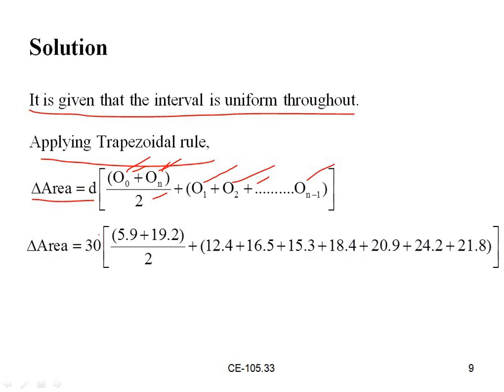So here the common interval d is 30. The first one is 5.9 and the last one is 19.2, by 2, plus the remaining ordinates: 12.4 is O1, 16.5 O2, 15.3 O3, 18.4 O4, 20.9 O5, 24.2 O6, 21.8 O7.